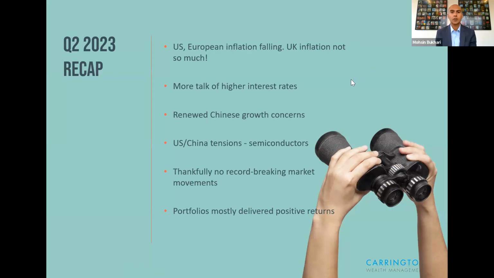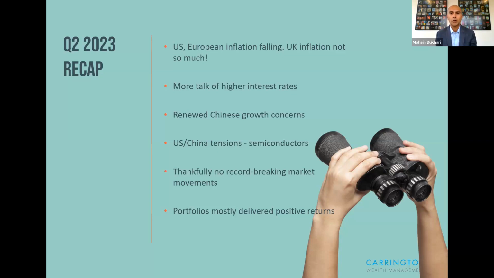So just to quickly recap Q3, as Tommy mentioned, the key point over the quarter was renewed talk of higher interest rates. That was across the board from the US Federal Reserve, the European Central Bank, and the Bank of England. That did lead to some degree of volatility, but generally speaking, it was quite a smooth quarter.